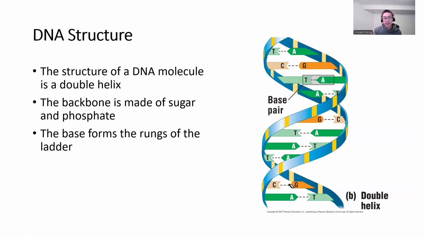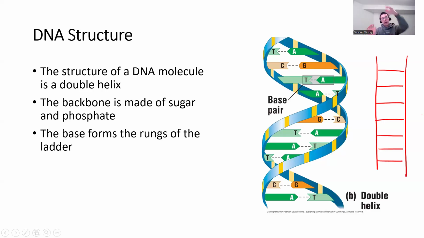To help you visualize it, you can think of a rope ladder. A ladder, like one that you can climb on. Now you take the ladder, and because it's made of rope, it's flexible, so you twist it. Once you twist the rope, then you basically get your DNA molecule. Keep thinking about the ladder.